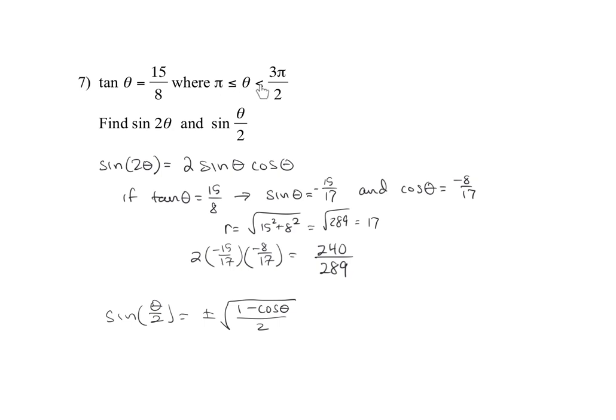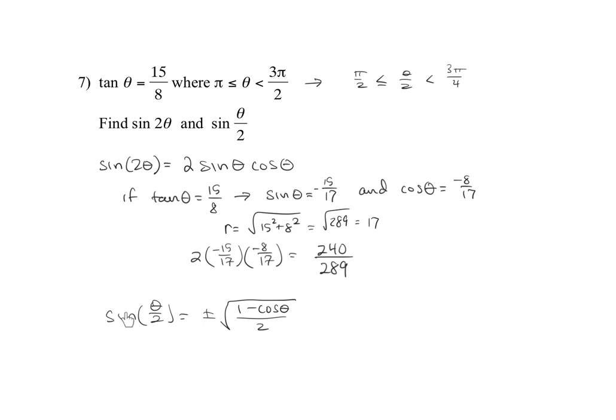If we divide everything here by 2, then we get pi halves is less than or equal to half of theta, which is less than or equal to 3 pi fourths. So this is pi halves, which is 90 degrees, to 3 pi fourths, which is halfway to 180. We have 90 to 135. So this is in quadrant 2. So theta over 2 is in quadrant 2.